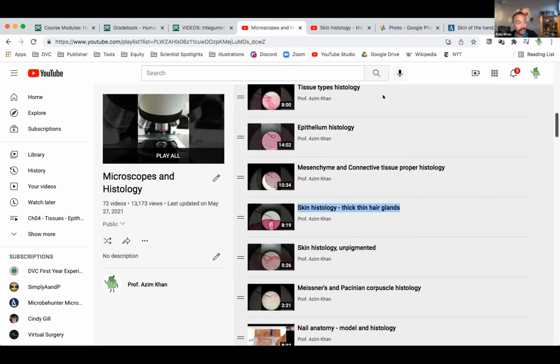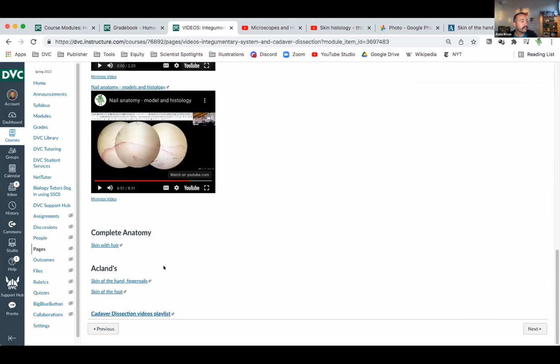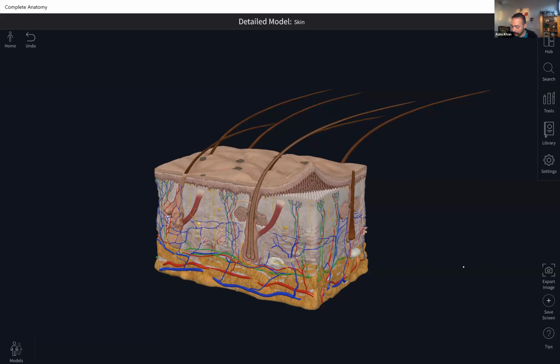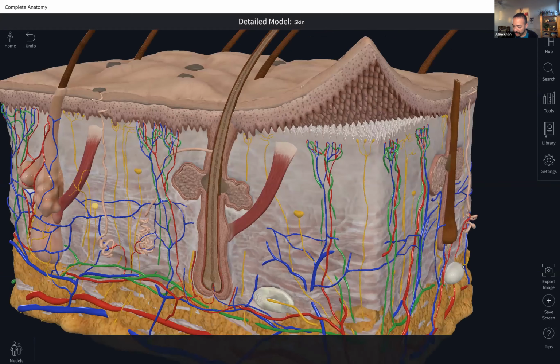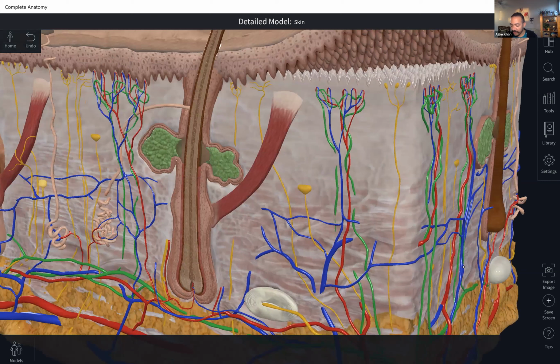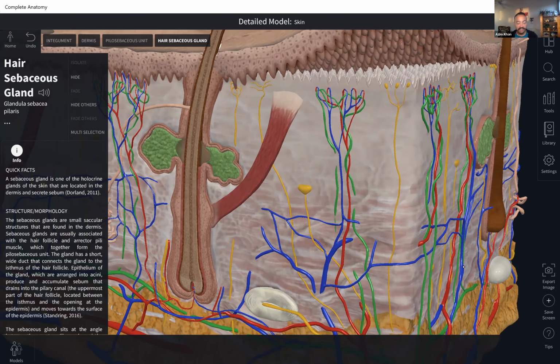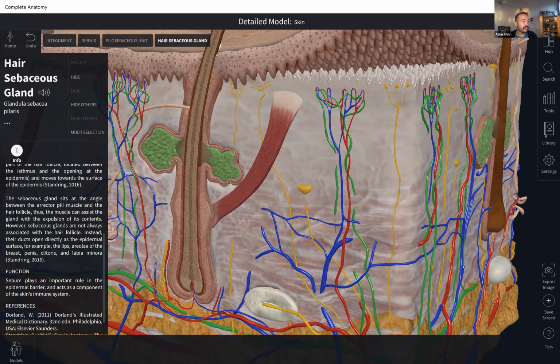You even have Complete Anatomy. If you go to Complete Anatomy, click on skin with hair, you can see a model that looks like this. What's neat is you can click on things like sebaceous gland, and it'll tell me all about it.